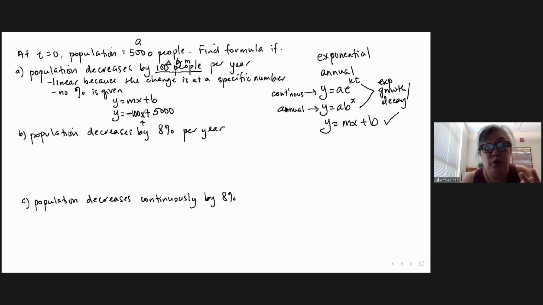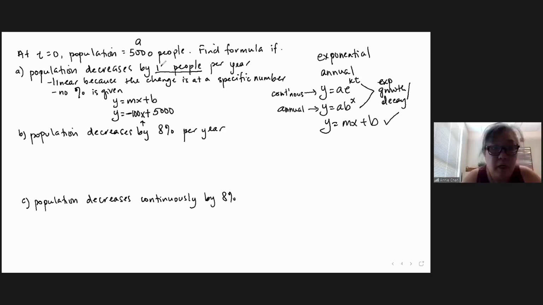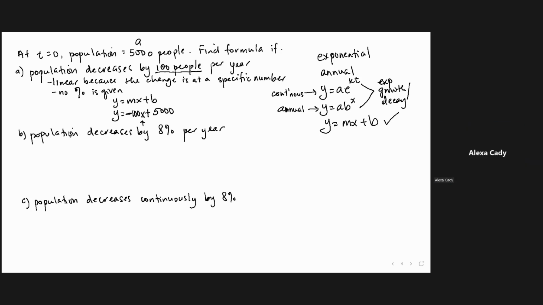Year 2, I'm going to lose a total of 200 people, right? Yes, because it is decreasing, we have to have the minus. Negative 100.